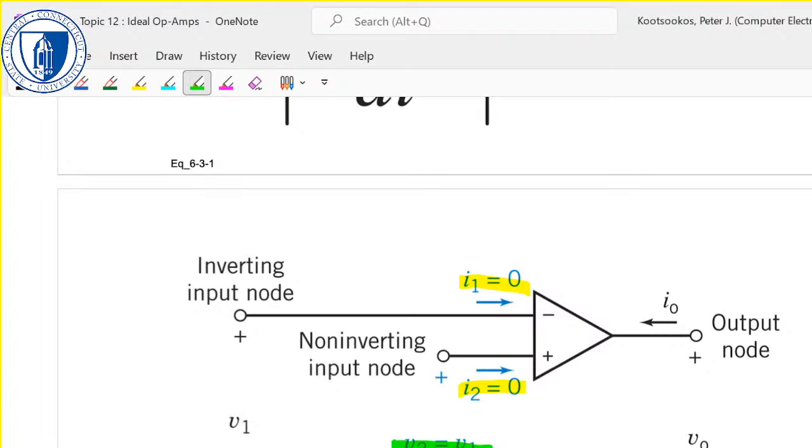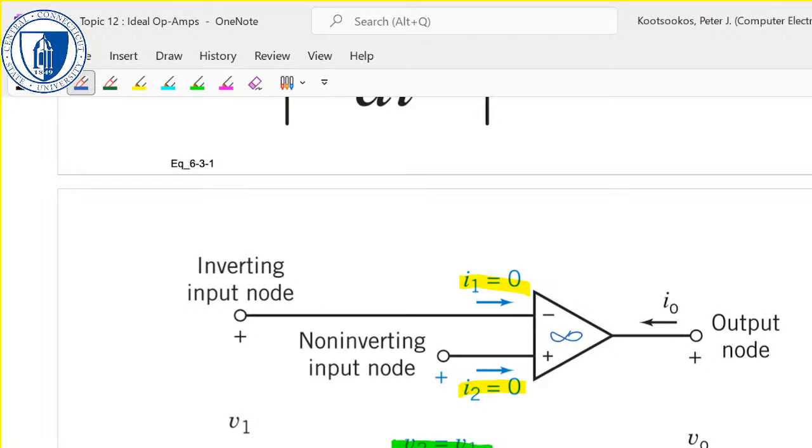Except that it's implied because of the gain, we assume. We assume in an ideal op-amp that the voltage gain we get is infinite.